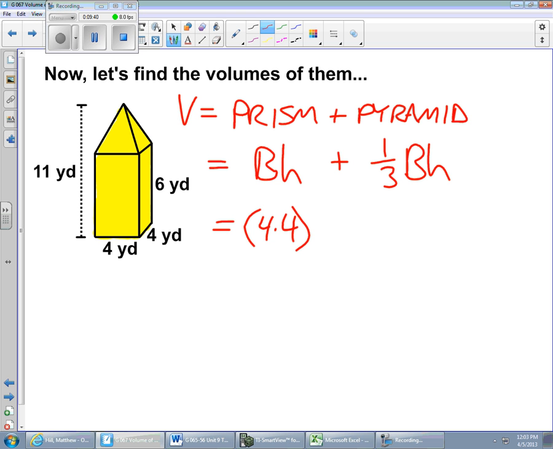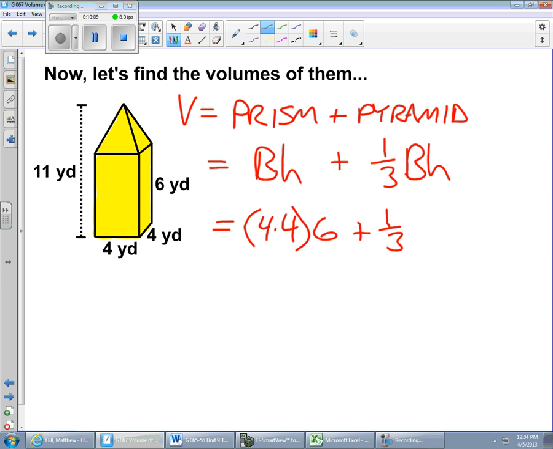Okay, how about the height of the prism? Have we provided the height of the prism? Yeah, remember the height of a prism is just the distance in between the bases, how far they are apart. And we are provided that with the 6. There we go. Okay, so we're good to go on the volume of the prism. All right. To that, we're going to add 1/3 as part of the formula, so it's definitely going to be there.